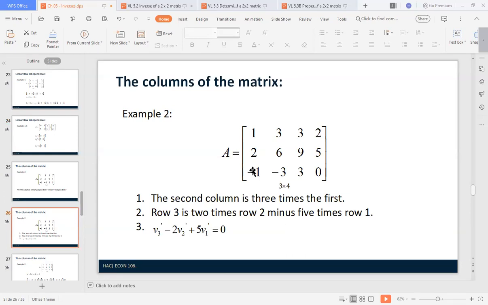As a summary of why this matrix has linearly dependent rows and columns, we can check that the second column is 3 times the first, and row 3 is 2 times row 2 minus 5 times row 1. So just to show, would it yield a null vector? We can simplify by using this equation: v3 prime minus 2v2 prime plus 5v1 prime equal to 0.